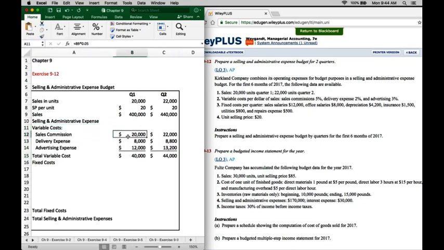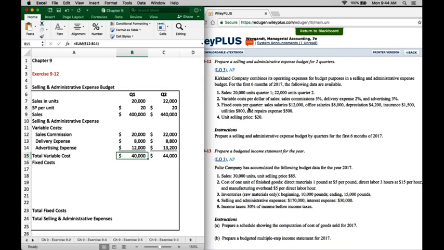So 5% of sales is 20,000, 2% of sales is 8,000, and 3% of sales is 12,000, giving me a total variable cost of 40,000. Also, you can see 5 plus 2 plus 3 is 10, so 10% of sales is a variable cost. But in our budget, we want to identify each of these individually.